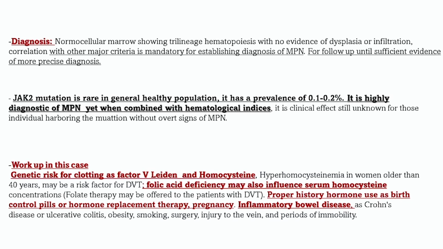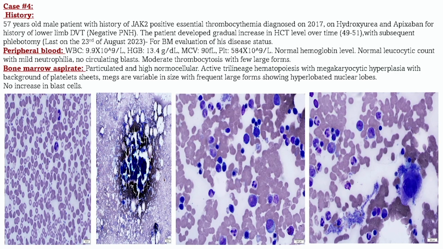Yes, it is associated with increased morbidity and mortality, and also with a higher chance of developing an MPN later on in life, but unless you find the criteria, kindly don't mark the patient as MPN. For this patient, the genetic risk for clotting factors such as factor V, homocysteine, folic acid deficiency, and proper history for hormones such as birth control pills, hormonal replacement therapy, or inflammatory bowel disease would be much more appropriate than labeling the patient as MPN.